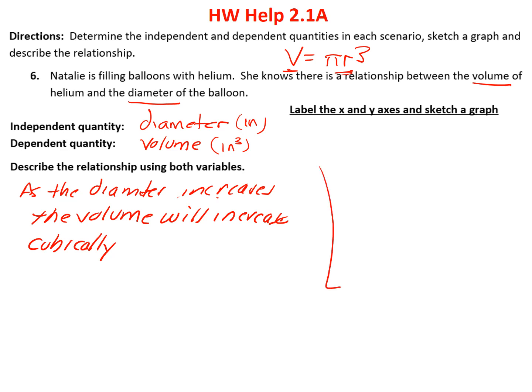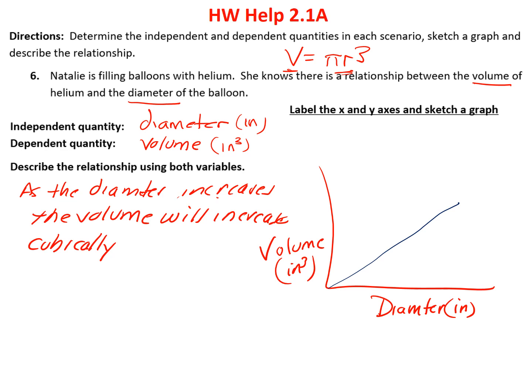So if we want to graph that, again, our diameter is our independent. We're going to call it inches. Our volume, however, is inches cubed. And it's going to start at 0, and whereas a line would look like this, it's not a line, it's a cube, and a cube is going to increase dramatically.